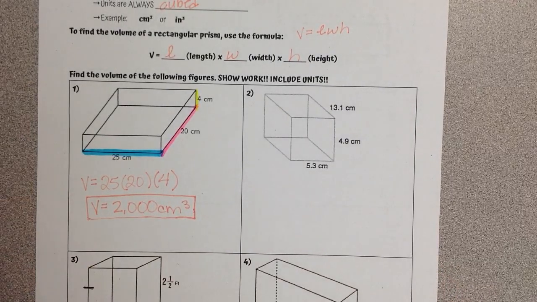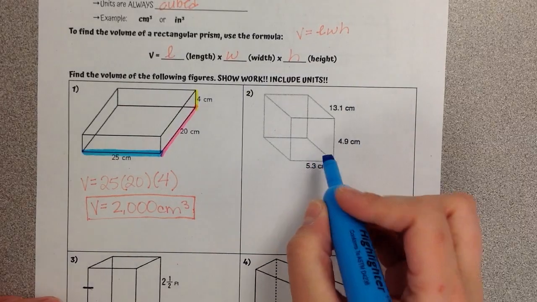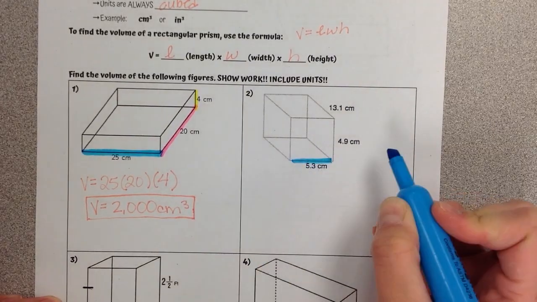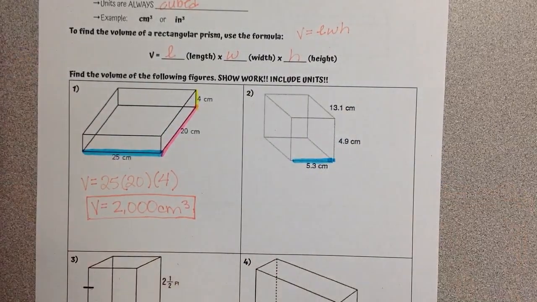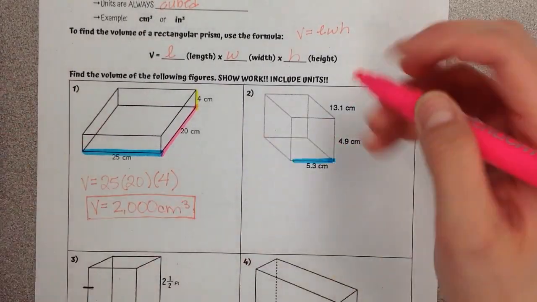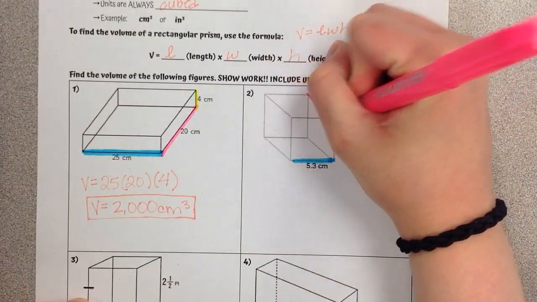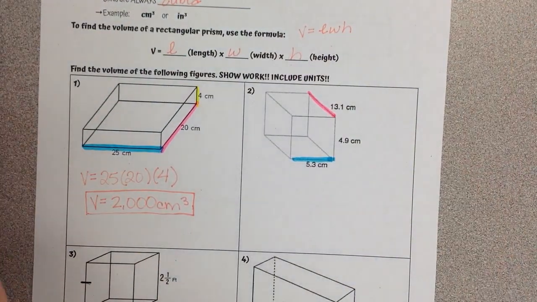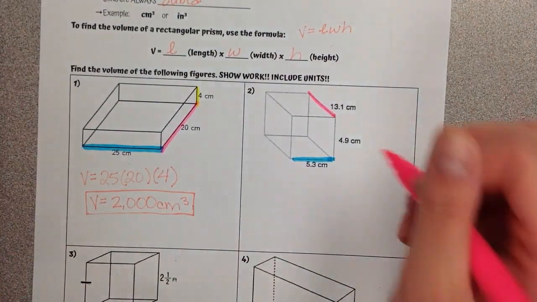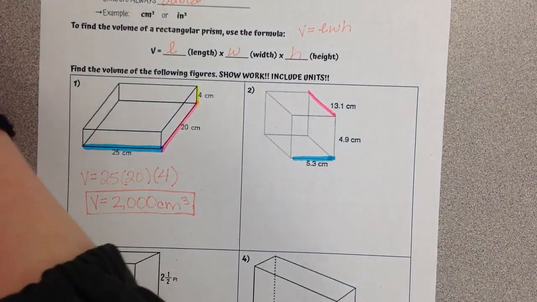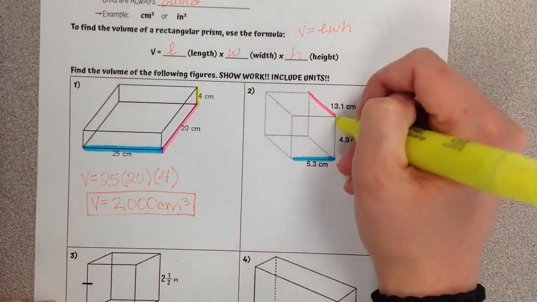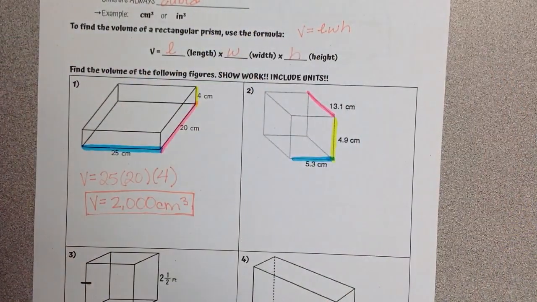Example 2, we're going to start by highlighting my length, 5.3 centimeters, my width, 13.1 centimeters, and my height, my height 4.9 centimeters.